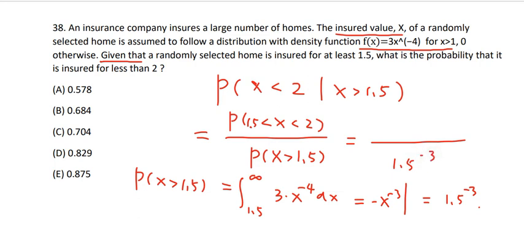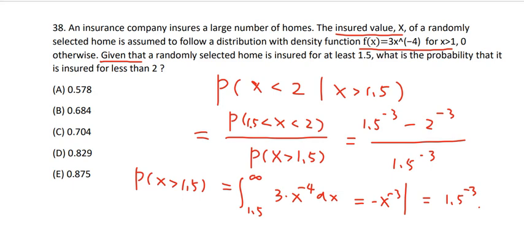And so between 1.5 and 2 it is just 1.5 to the negative 3 minus 2 to the negative 3. Then simplify this.